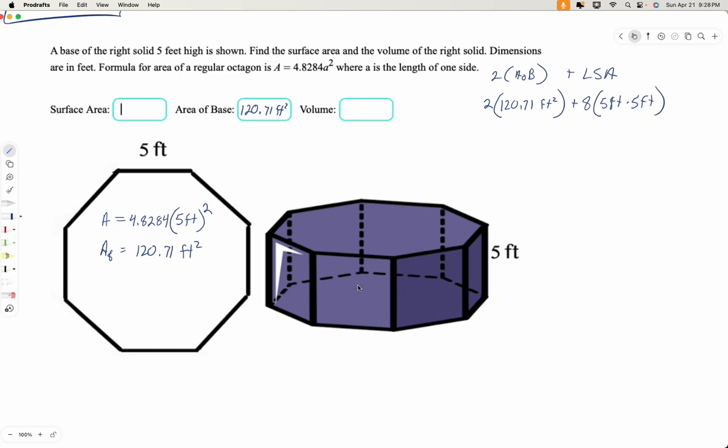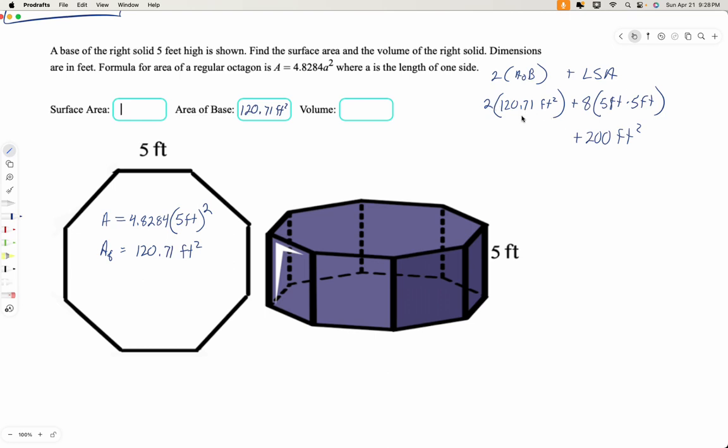We've got these 8 5 by 5 panels all the way around. 5 times 25 is 25, and 8 times 25 would be 200, because 4 times 25 is 100, so that's twice as much. So plus 200 feet squared.